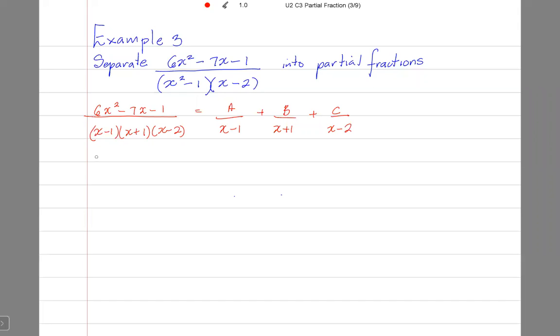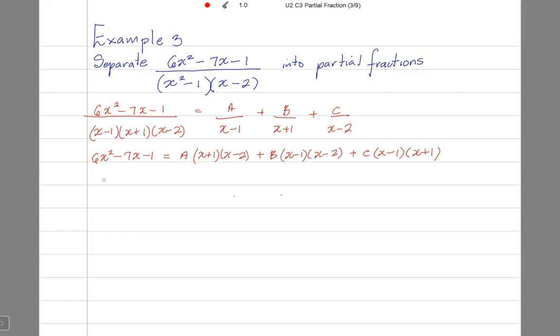When I do that, I'm going to end up with 6x squared minus 7x minus 1. And that is, to the right, a into (x plus 1)(x minus 2), plus b into (x minus 1)(x minus 2), plus c into (x minus 1)(x plus 1).